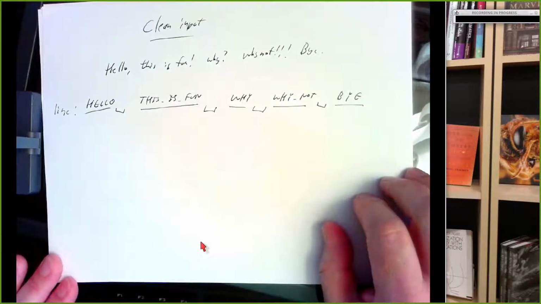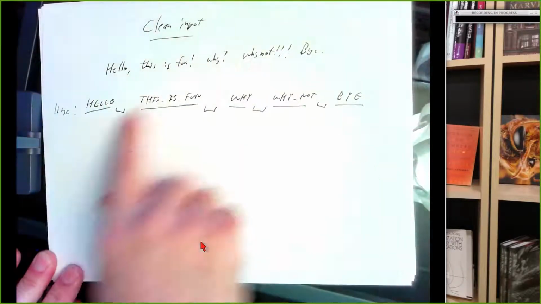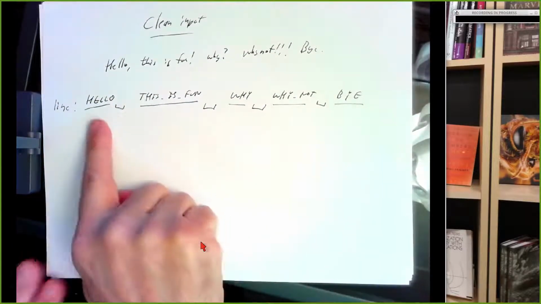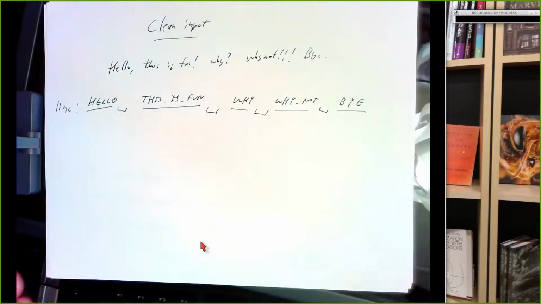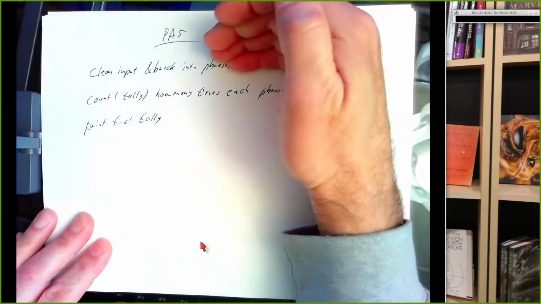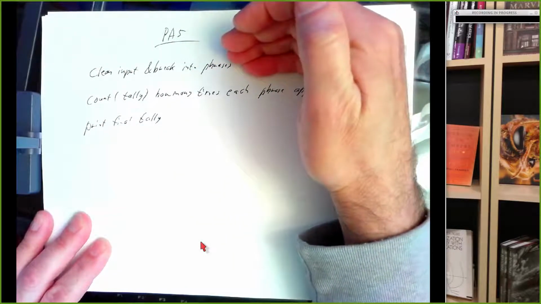So this first of 3 steps in PA5 is basically take your input, clean it up, put it into this form, and then use a for-in loop to pull out each phrase one at a time. All right, that's this piece. Once you do that, you've cleaned your input and broken it into phrases.